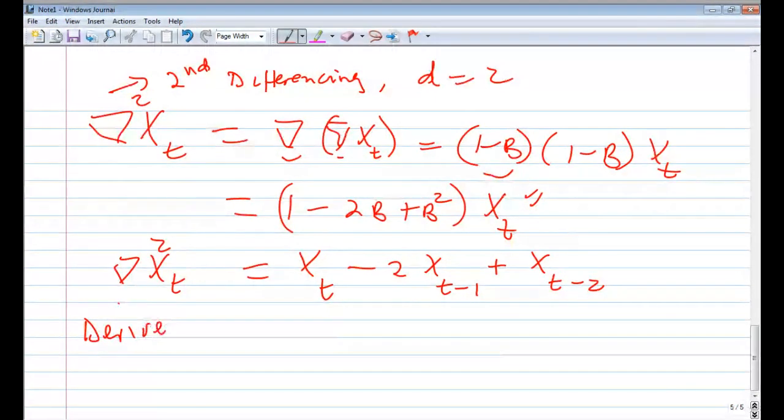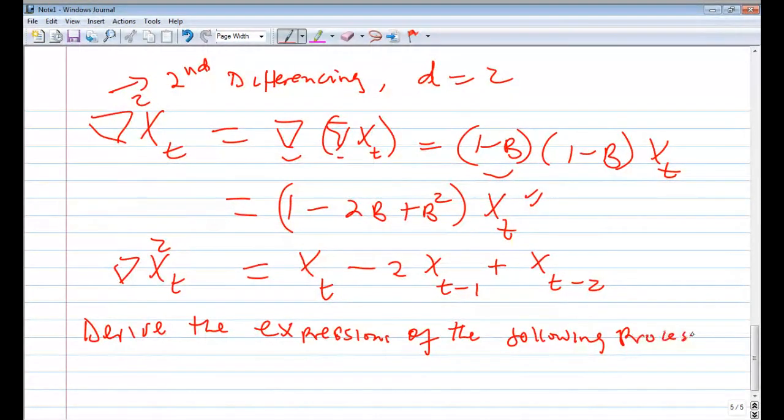So now, if I want you to derive the expressions of the following processes. Number 1, this one is the third difference.